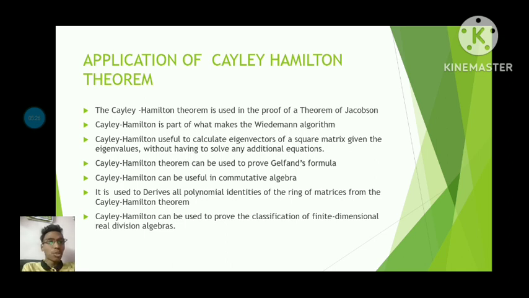The Cayley-Hamilton theorem can be used to prove Gelfand's formula. Cayley-Hamilton can be useful in commutative algebra. It is used to derive all polynomial identities of the ring of matrices from the Cayley-Hamilton theorem. The Cayley-Hamilton theorem can be used to prove the classification of finite dimensional real division algebras.